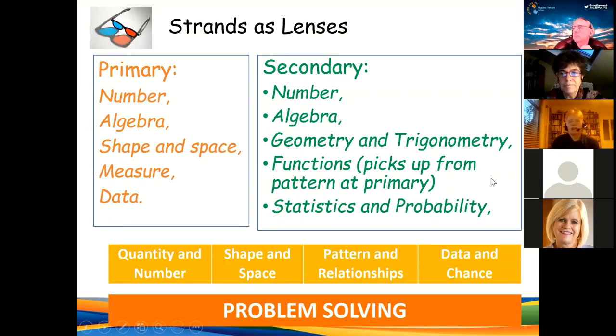When I'm doing any Maths Eyes work, like recently we designed a maths trail up in May Park in Artane with a local community group, and it was the first time we did a preschool version of it. The only piece of paper I brought with me had quantity and number, shape and space, pattern, relationships and data and chance written on it.